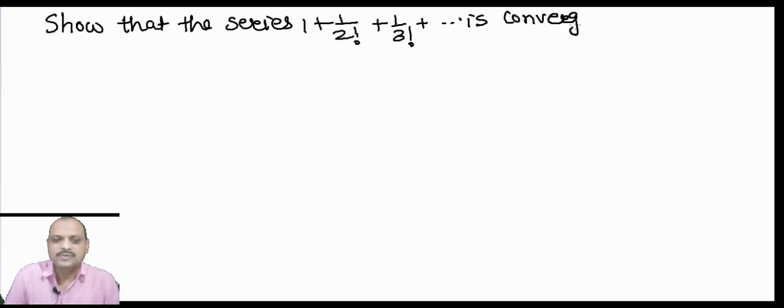So friend, we know that to prove this example we apply the comparison test. Now you can see that here, what is 1 divided by 2 factorial? Here 2 factorial is equal to 2. So 1 divided by 2 factorial equals 1 by 2.